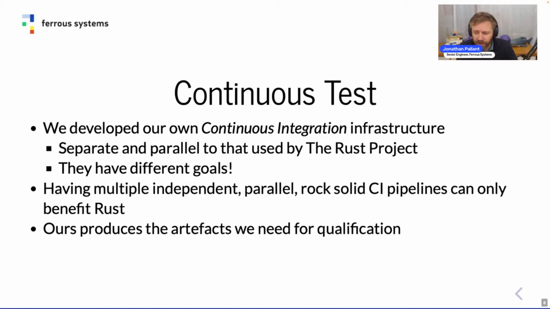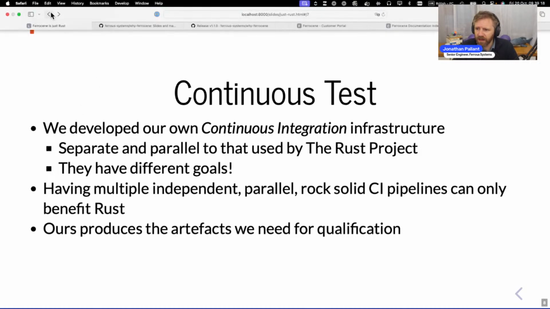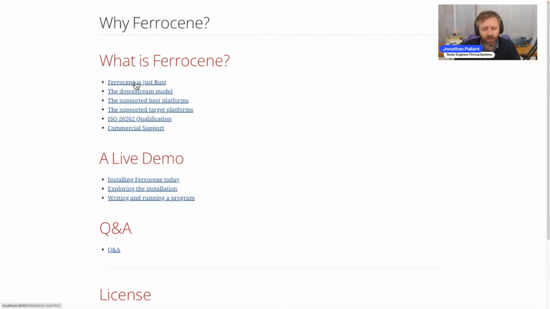And I'm sure that's found some issues, and that's been a good thing. It makes the project more robust for other people who wish to build it themselves. There's no magic going on in the CI pipeline because we've got two of them, and we show that they both work. And we have certain artifacts we need for the qualification process, which we will talk about a little bit later. So that is a little bit about what Ferrocene is.